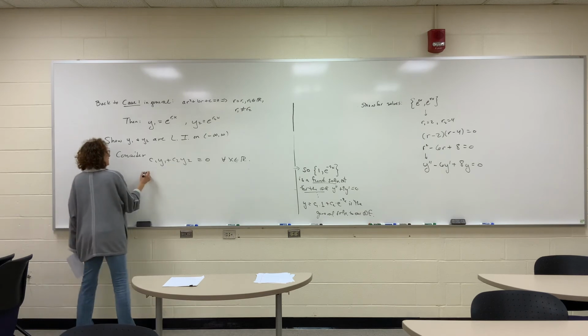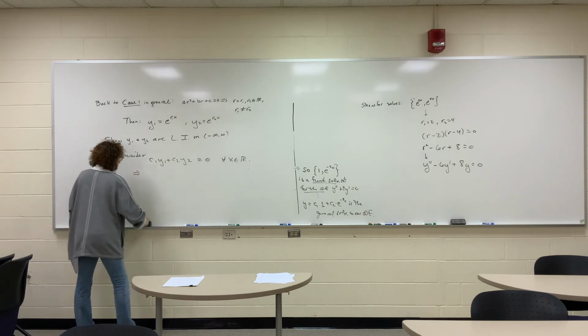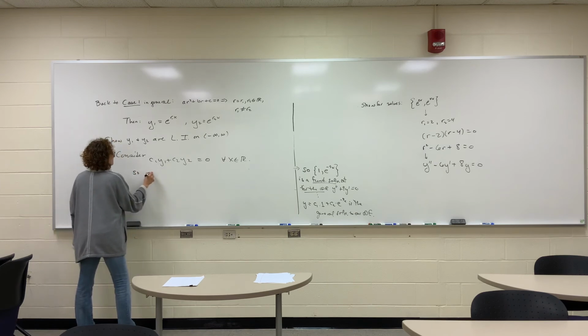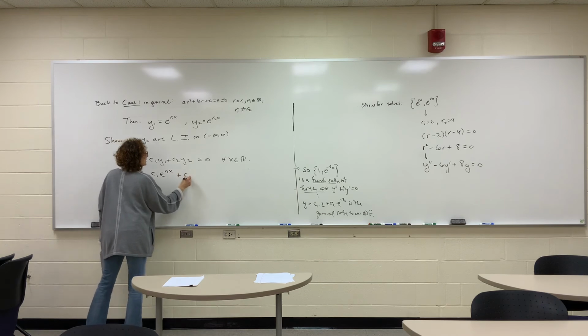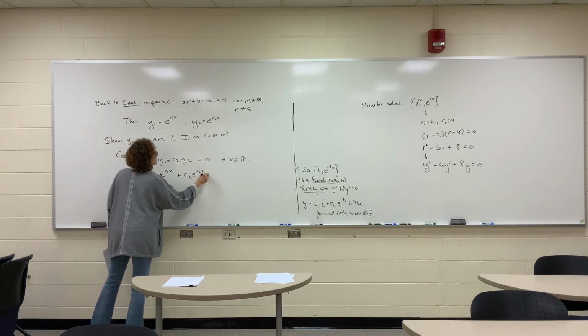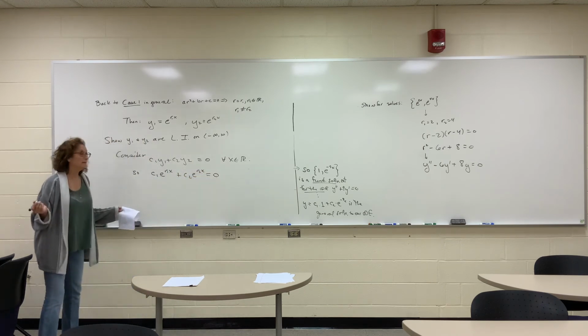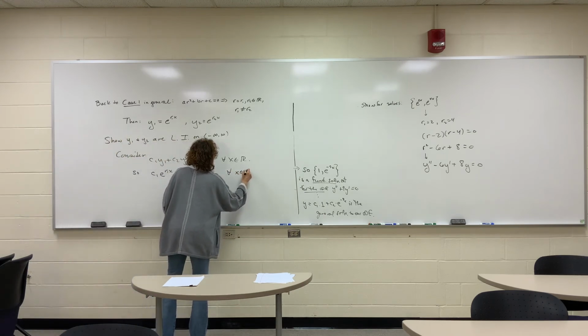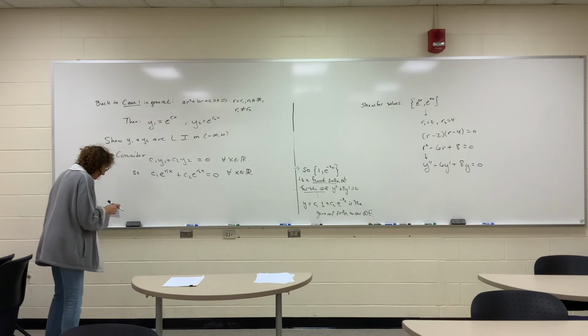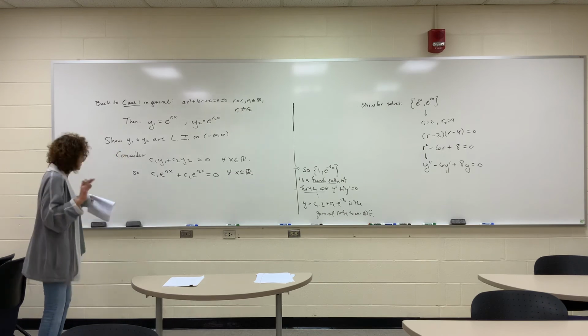So that gives us C1 e to the r1x plus C2 e to the r2x is equal to 0, again for all x.